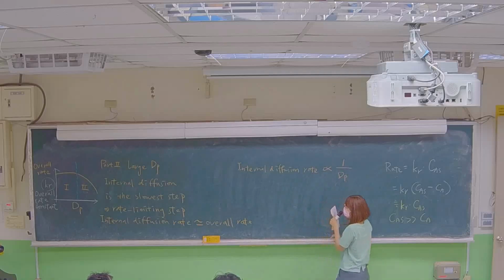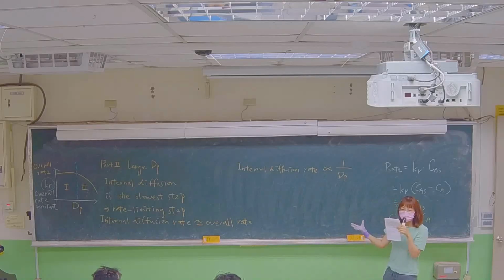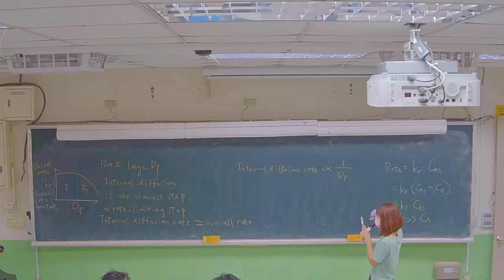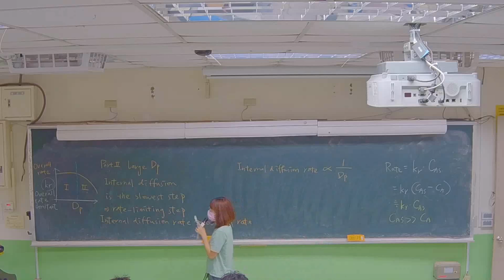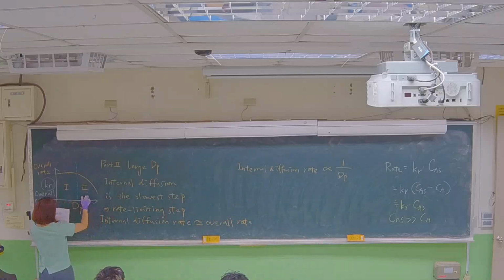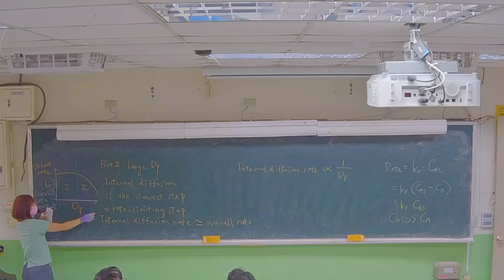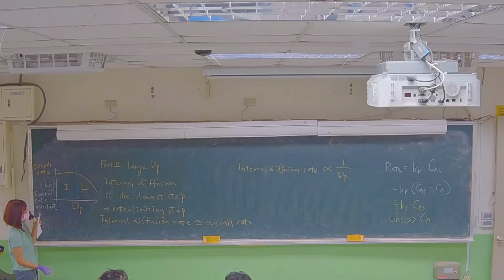So if the particle is larger, the diffusion rate is smaller, so inversely proportional. So you can see part 2, right? With larger dP, the overall rate decreases.